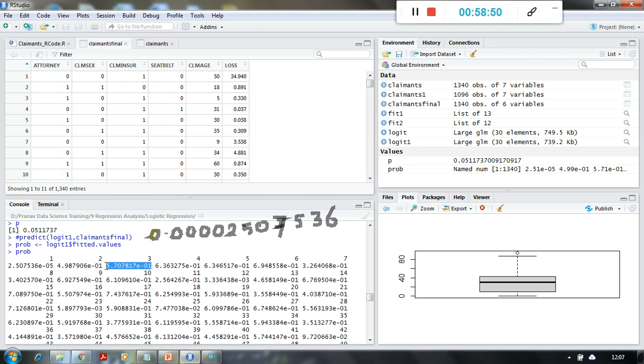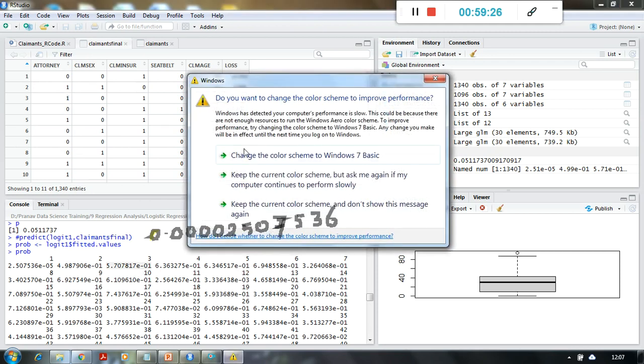For this one, it is a 57% chance that the person is not going to hire an attorney, meaning a 43% chance that the person is going to hire an attorney. So again here it should have been 0, but the original value is 1 and the predicted value is 0. So here again there is a misclassification, which means the error or wrong prediction. Similarly, for all the values, we have some correct predictions and some wrong classifications.